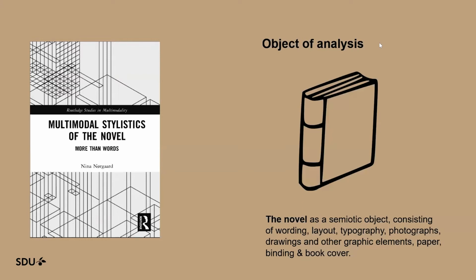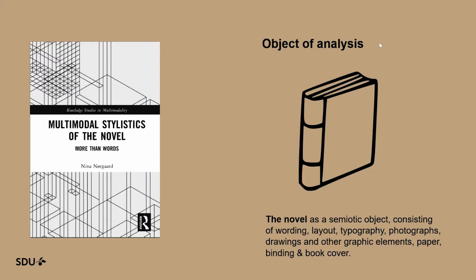The object of analysis, or my object of analysis, is novels for adults. And more specifically, I approach the novel as a semiotic object consisting of wording, layout, typography, photographs, drawings, and other graphic elements, paper, binding, and book cover.